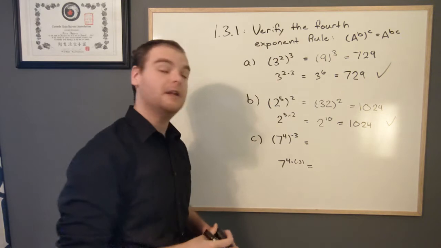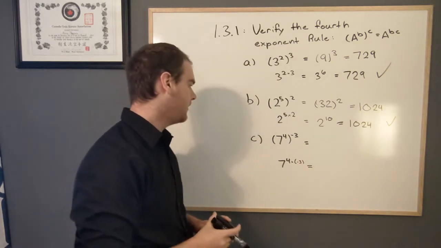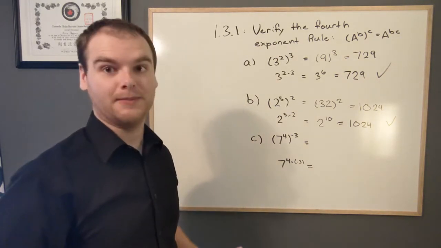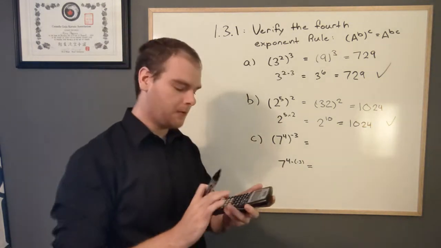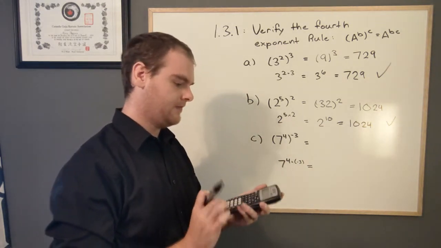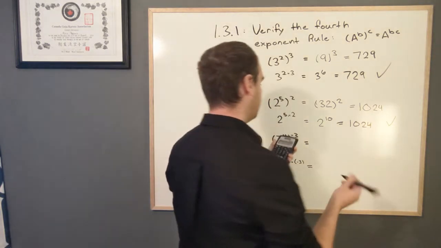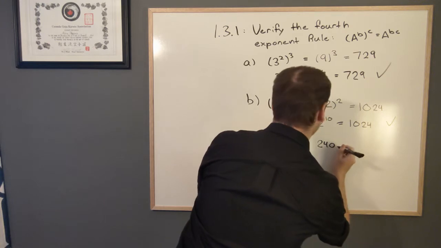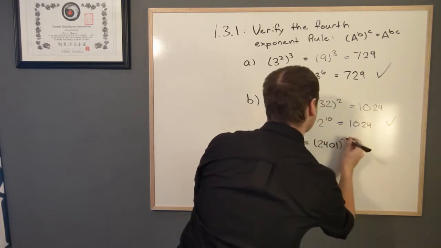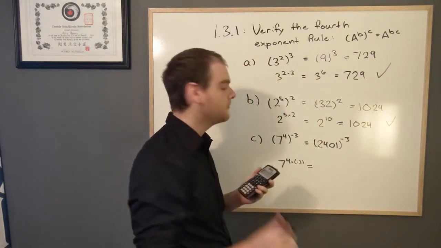Next up, we have 7 to the 4th, all to the negative 3. So we have a negative power in here. So first we do 7 to the 4th, which is 2401, to the power of negative 3.